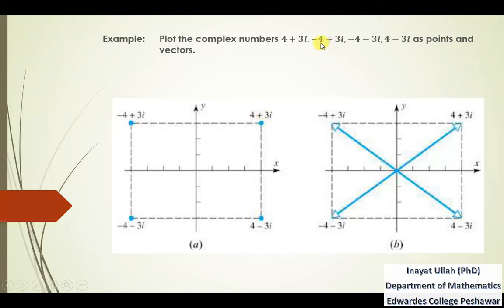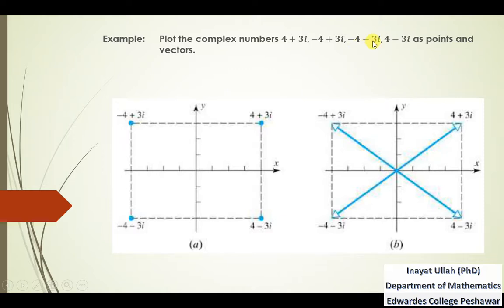For minus 4 plus 3 iota, x is negative and y is positive, so that is the second quadrant. In the second quadrant we take x as minus 4 units, minus 1, minus 2, minus 3, minus 4, and y as 3 units, 1 2 and 3, and producing these two we get minus 4 plus 3 iota.